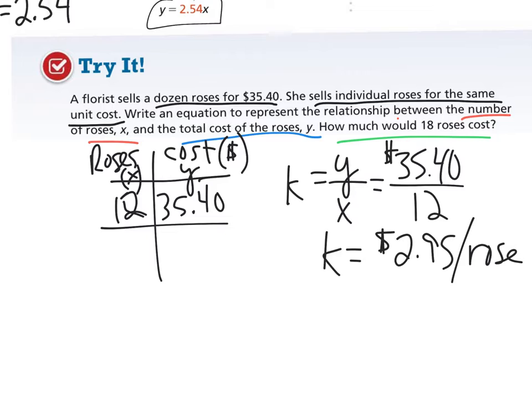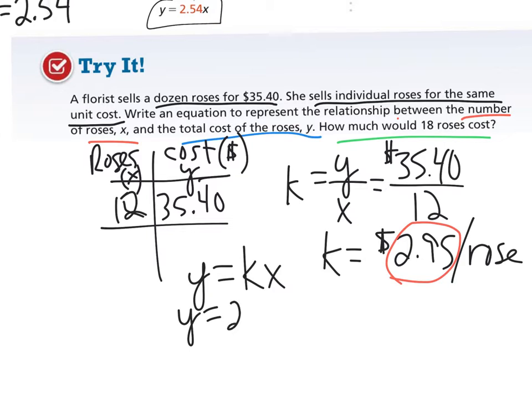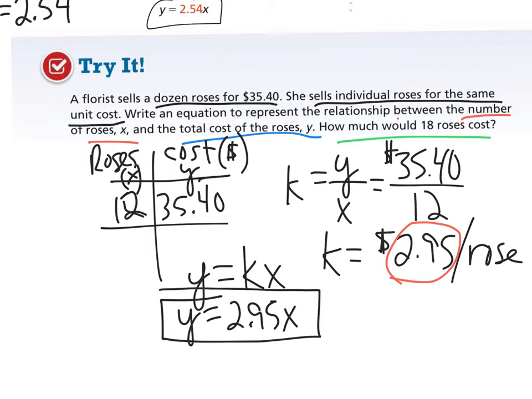All we really need necessarily is the $2.95 part here. And then our equation, y equals kx: the $2.95 we can put in place of the k. That would be our equation, first of all. And then the second thing is, how much would 18 roses cost?